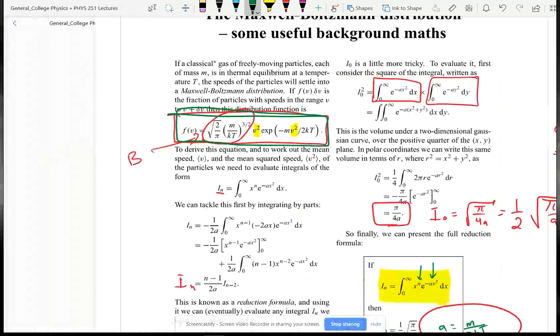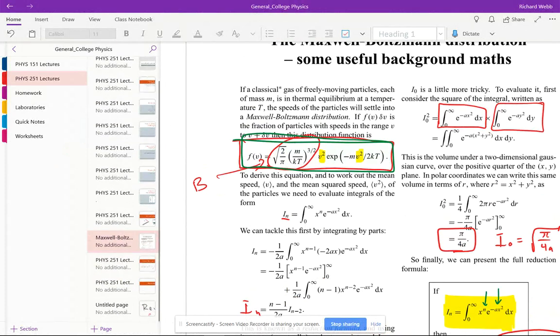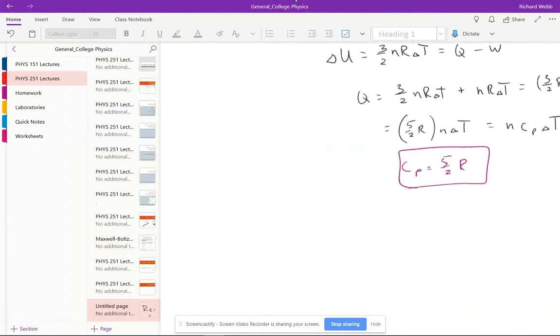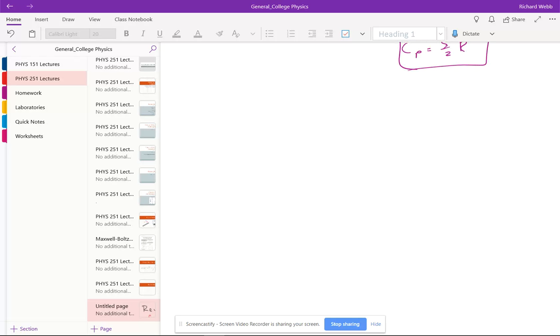Okay, second thing that we could have on the test would be a calc problem. Option 1 is Maxwell-Boltzmann problems.